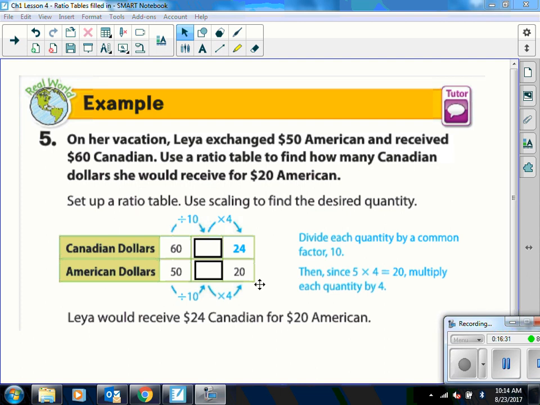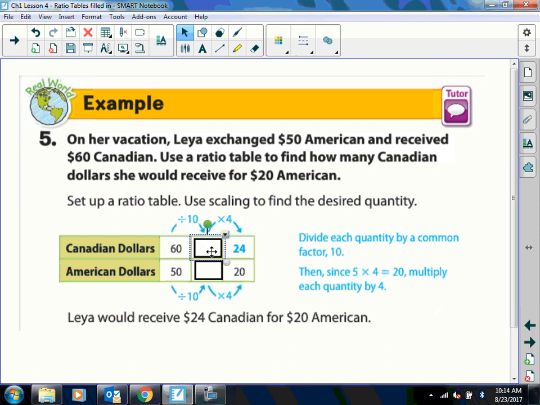So here is the ratio table that we're setting up, and you can see that we cannot go directly from 50 to 20, right? So we're going to scale back. Both of those end in 0, so we know that we can divide by 10, right? So when we divide by 10, 60 divided by 10 is 6, and 50 divided by 10 is 5.